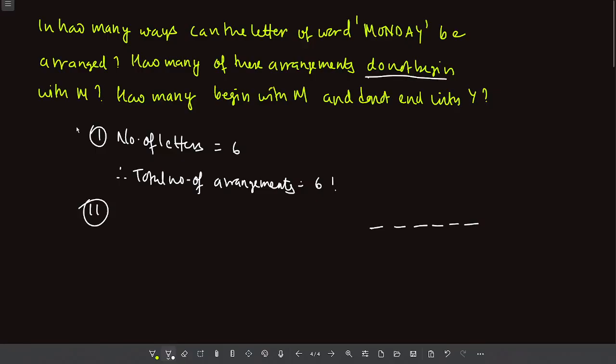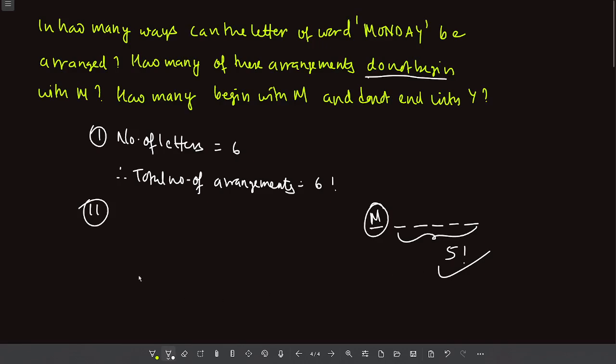So for this, we need to find the total arrangements that begin with M at first. If we make this M fixed, then how many are left here? 5. So the total number of arrangements in this case is 5 factorial. You are right on this case. But then it's also 6 factorial in total, and then you minus 5 factorial to get the answer.